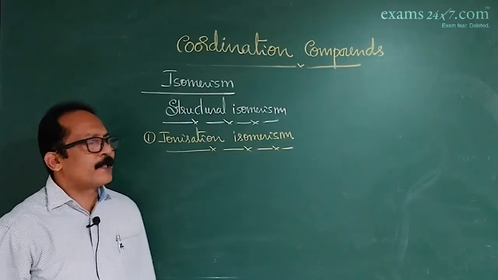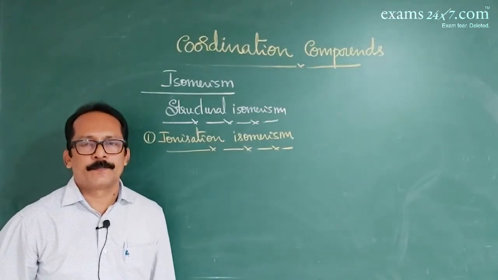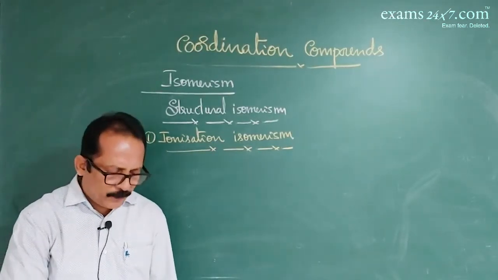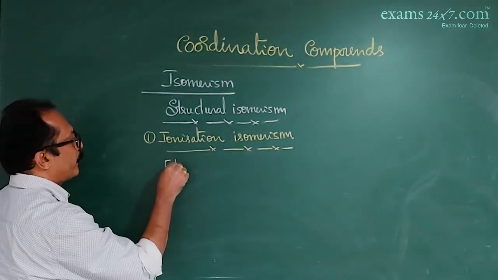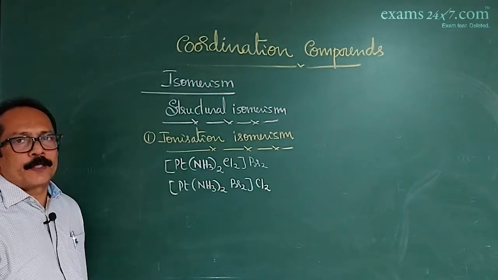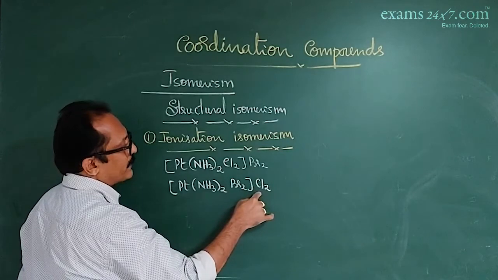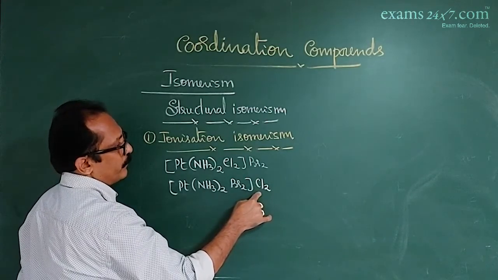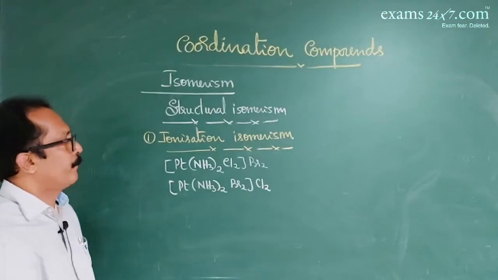Here the isomers differ in the formation of ions. That kind of isomerism is called ionization isomerism. For example, these isomers differ in the simple ion. One contains a bromide ion and the other contains a chloride ion. Therefore, it is an example of ionization isomerism.